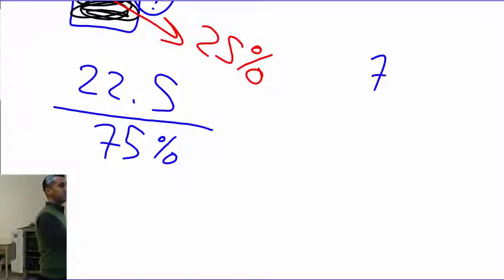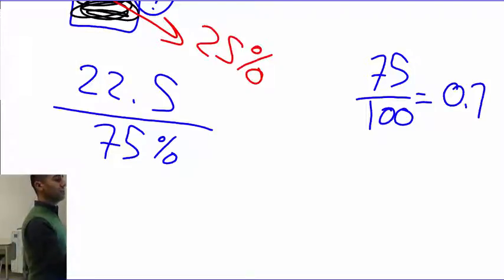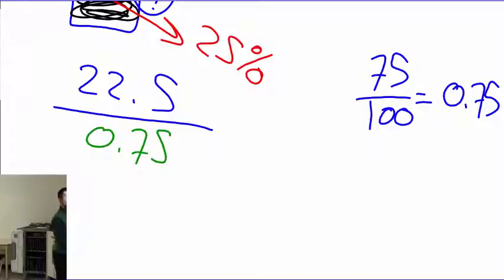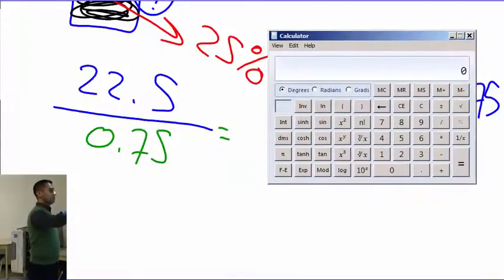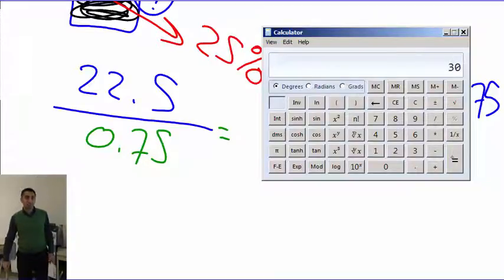Let's calculate it here. 75% means 75 divided by 100. That will give you 0.75. So I am supposed to have 0.75 here, and let's do the math. Calculator. 22.5 divided by 0.75, and I am getting 30.